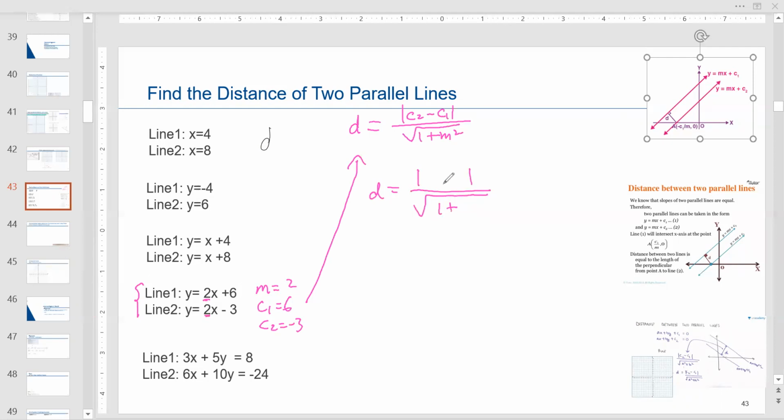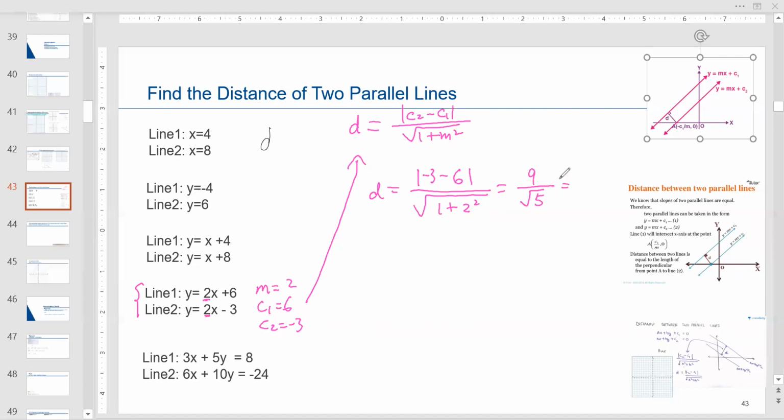So what's the C2? C2 is -3. C1 is 6. What's the slope? Slope is 2, right? 1 plus 2 squared, right? So this is just replacing the letters with the data. You get a 9 on top, the bottom is square root 5, right?